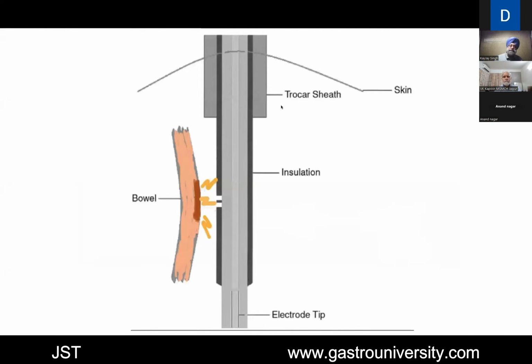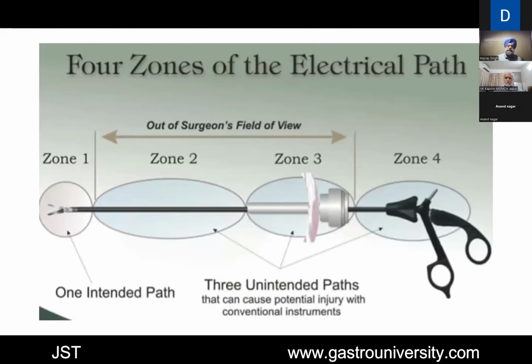If there is a break in the sheath, any kind of viscera which comes in direct contact, or even a little bit distant, can get a burn. So this is what happens from insulation failure. And as I said, it is very important to know the zones of the instrument: zone 1, 2, 3, and 4.